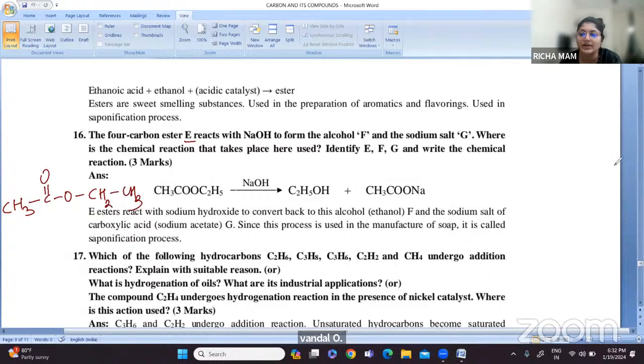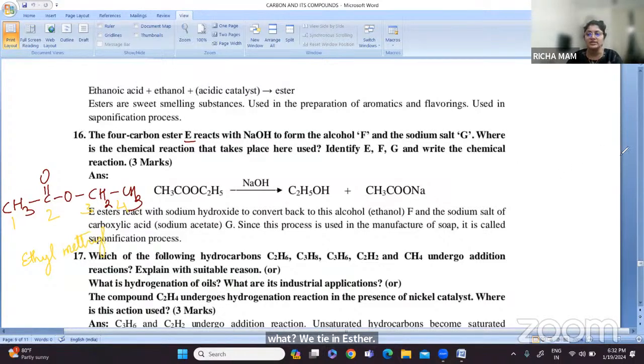Count the number of carbon atoms: 1, 2, 3 and 4. So this is a four carbon ester. This is ethyl methyl ester.